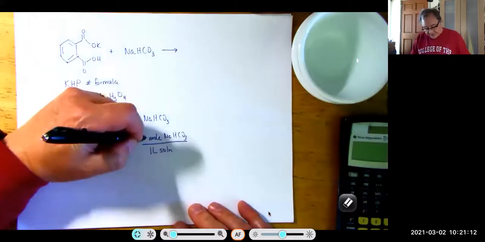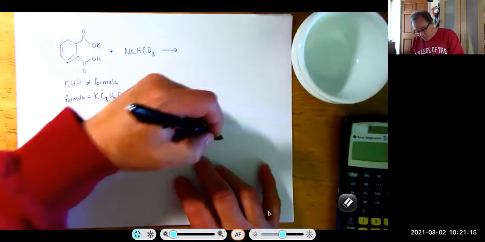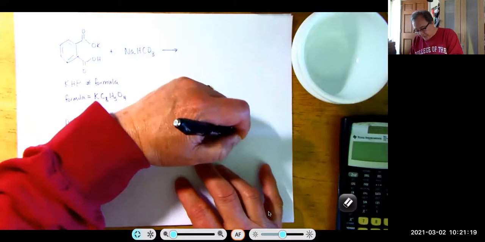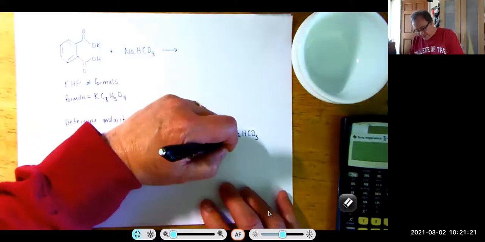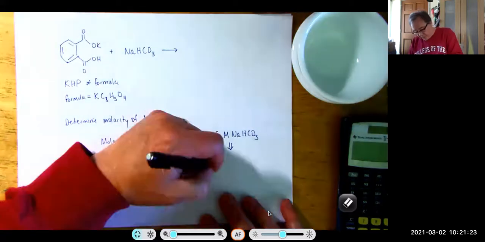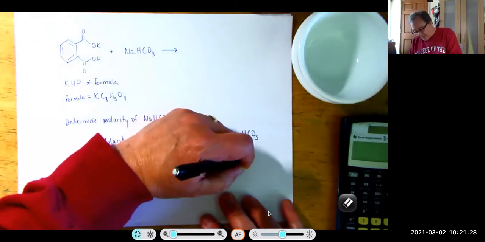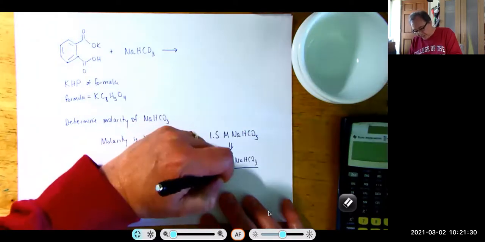So, for instance, if we have a 1.5 molar sodium bicarbonate solution, that indicates 1.5 moles of sodium bicarbonate per 1 liter of solution.